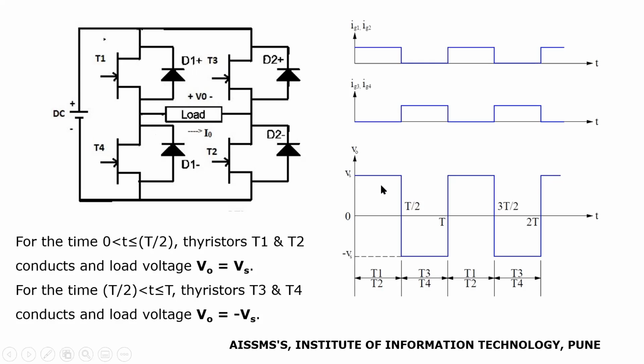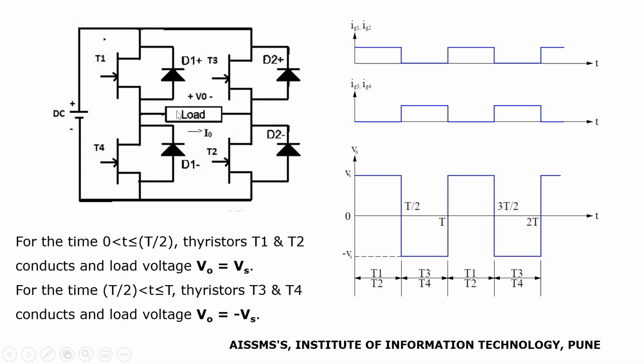During this phase difference, diodes D2 and D1 get forward biased when switches T1 and T2 get turned off, and whatever energy is stored in the load due to the presence of inductance freewheels through diode D2, the source, and D1 back towards the load.